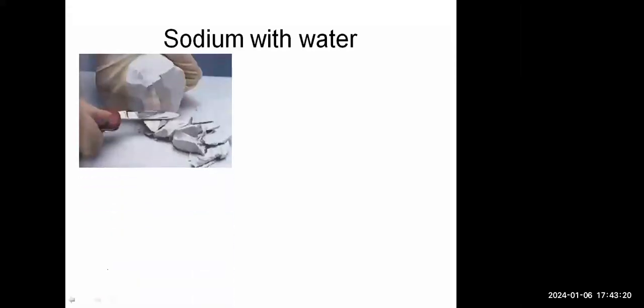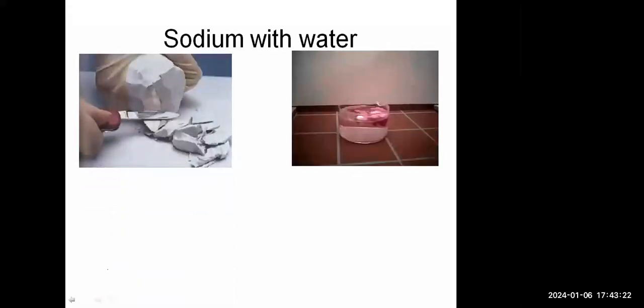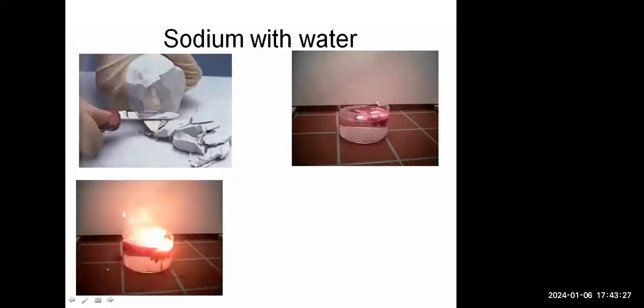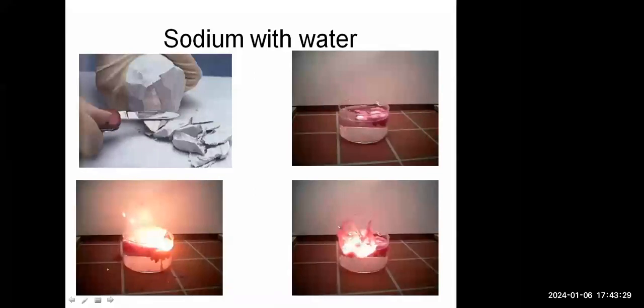You can see this picture, a piece of sodium is being cut and put in water. It has started burning, it is in flames. And sometimes the amount of heat produced can be so much that it can break the beaker. So you have to be very careful when you are doing this reaction.